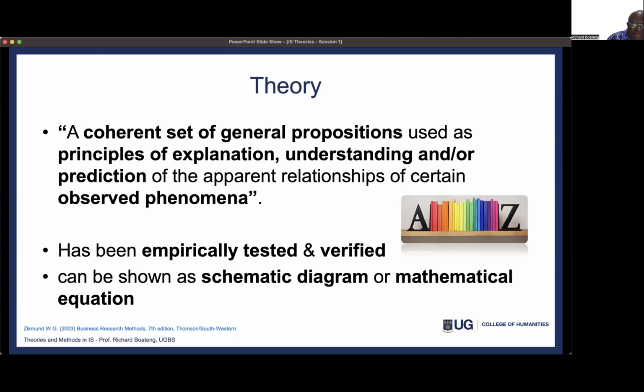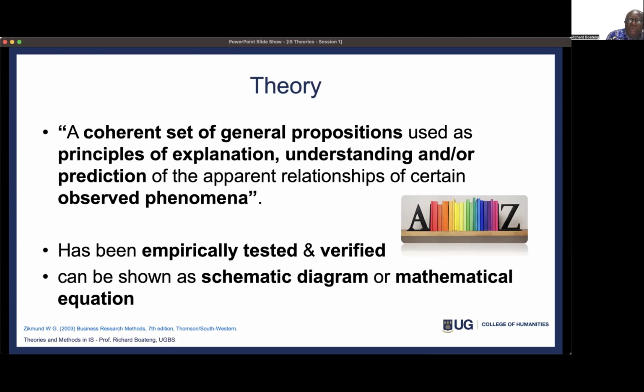Now, theories are empirically tested and verified, and can be shown as a schematic diagram or a mathematical equation, or with no equation at all. For example, in the paper I showed you, there was something on culture, policy, technology, and then the other one by Bajaj. Okay, CPT from Bajaj, and I combined that with another one and was able to come up with certain dimensions of the PEM models that I wanted to study.